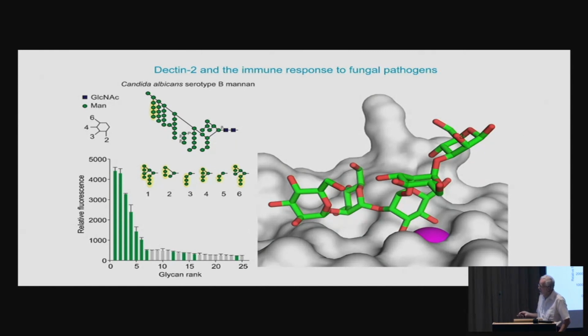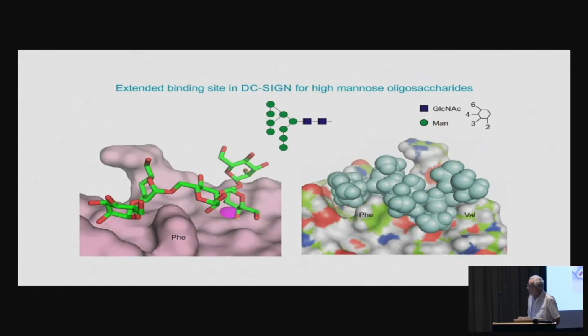So the binding site is extended and there's kind of a secondary binding site over here. So we can gain specificity by extending the binding site and make it more of an oligosaccharide binding site. And we gain some affinity, although still not a huge amount. There's multiple ways of interacting with high mannose oligosaccharides.